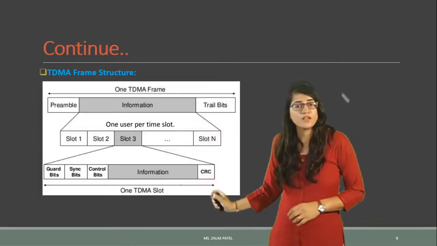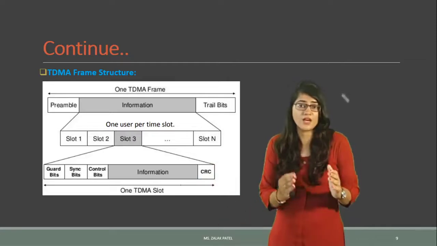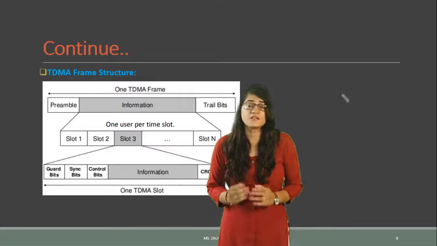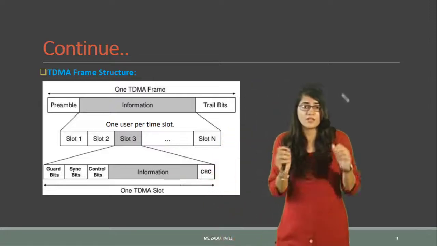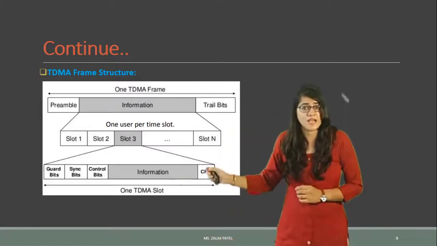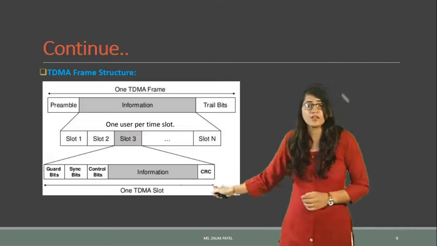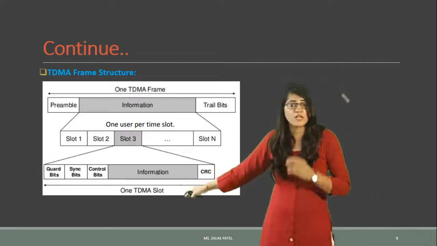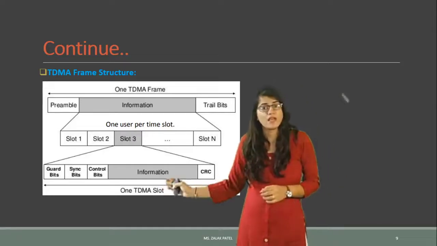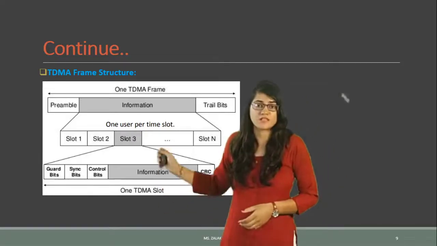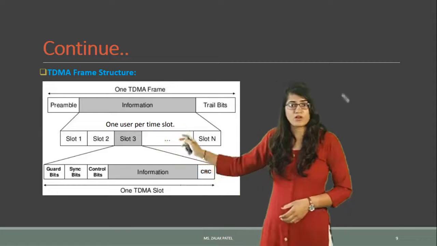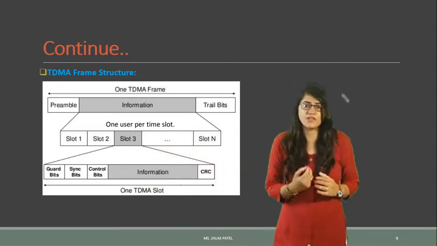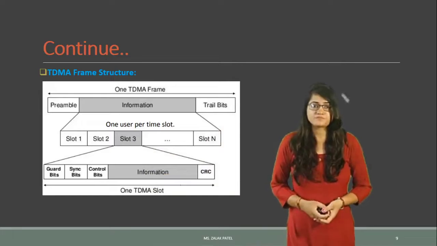So here one time slot can be divided into the guard band, synchronous bits, and control bits. In between the control bits and CRC, the information will be transmitted. If this one TDMA slot is multiplied by many users, then you can see that slot 1, slot 2 to slot n are multiplied, and it will be transmitted in terms of a frame.